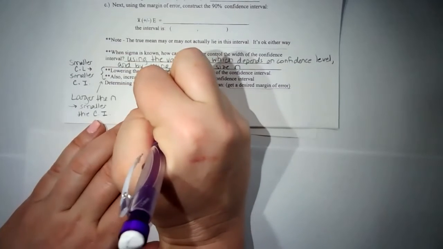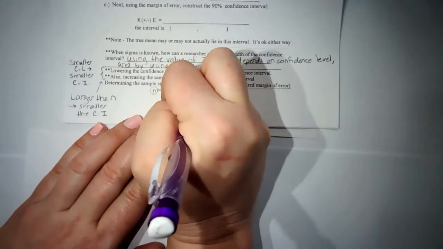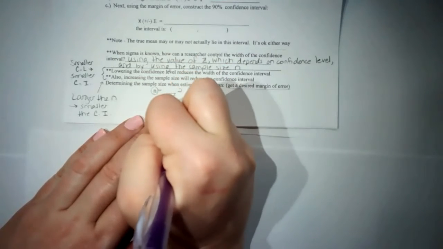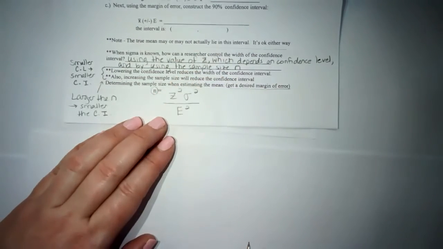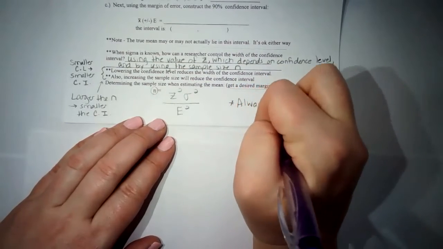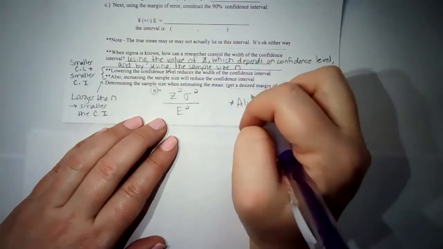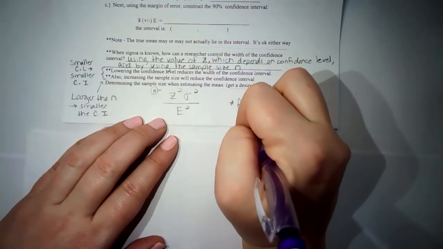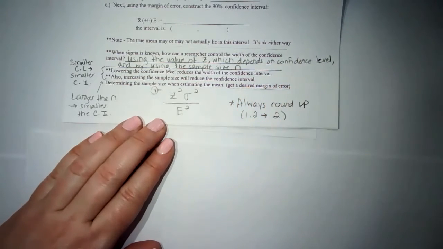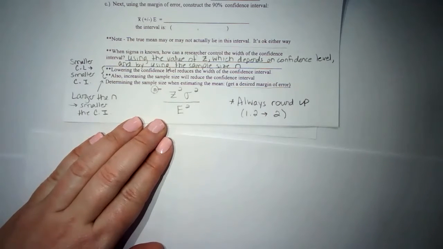And so that formula is going to be Z squared times sigma squared, because remember sigma is known at this point, over your margin of error squared. And you always round up, right? Even if you have a 1.2, you're going to round up to 2, right? Always round up in statistics.